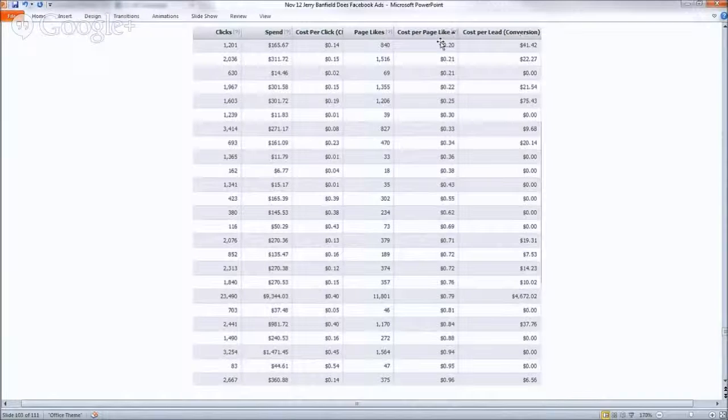But the importance of sorting on these critical action metrics such as cost per page like and cost per lead or conversion, you've got to sort on these.